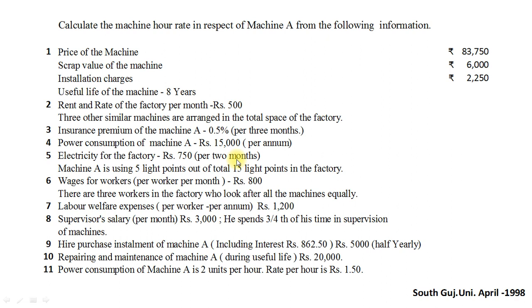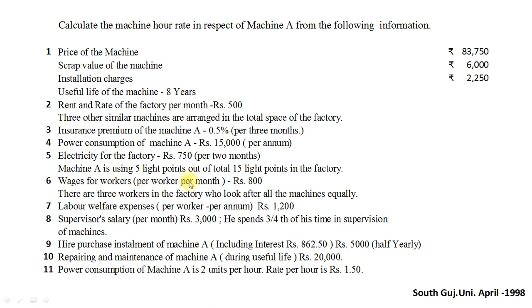Now other information, machine A is using 5 light points out of total 15 light points in the factory. So electricity for machine A would be rupees 4,500 multiply 5 light points divide by 15 light points equal to rupees 1,500.